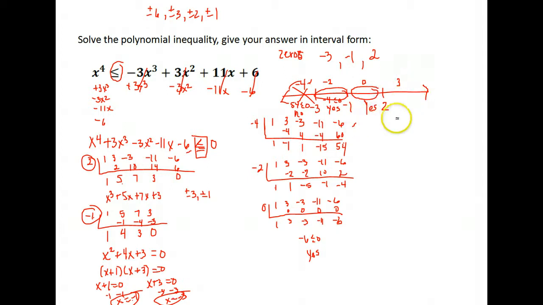I have one section left, the section greater than 2. We decided to test 3, and you could test any number in that interval actually. We're going to go with 3. Again, I'm going to use synthetic division, but you do still have the option, if you're more comfortable with it, of just taking 3 and substituting it into that polynomial.